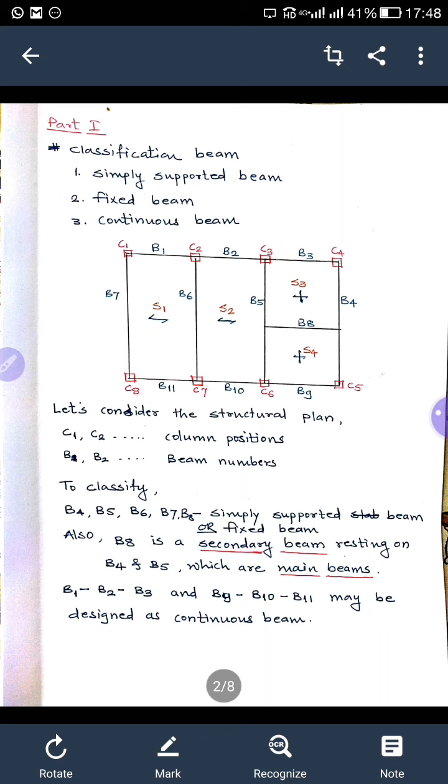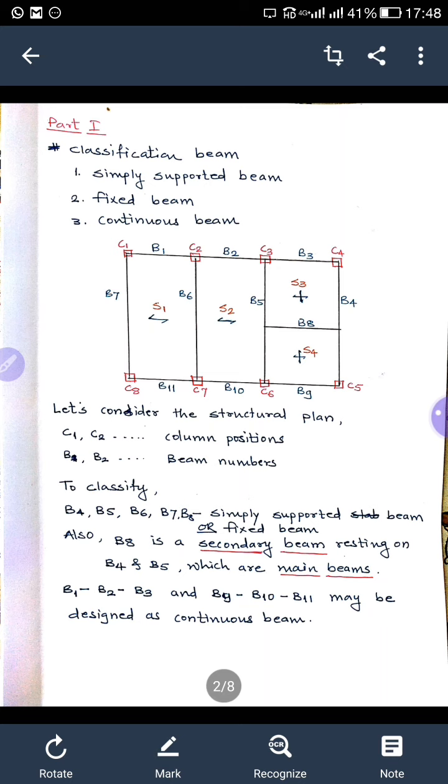Actually this B8 is a simply supported beam, but now we are going to classify it as a secondary beam because it is not supported by column, but it is supported by other beams, and the beam which is supporting this secondary beam is called main beam. So we now have B4 and B5 as main beams, B8 as secondary beam.